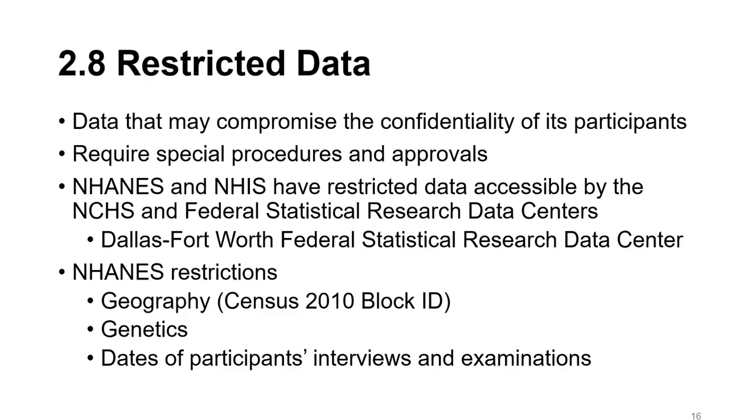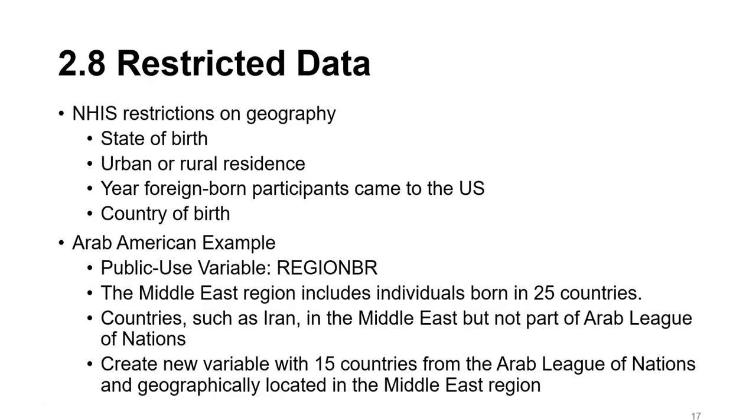For example, the NHANES has restrictions on variables related to geography, specific census blocks, genetics, as well as dates of participant interviews and examinations. The NHIS has restrictions on geography as well, including for those born in the U.S., their state of birth.